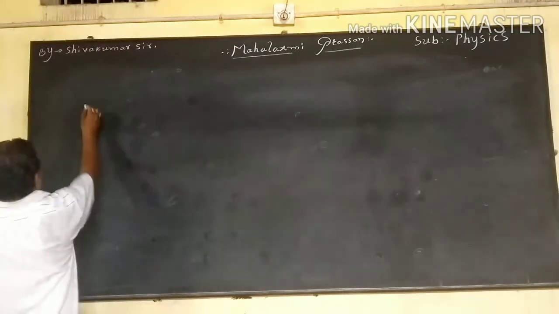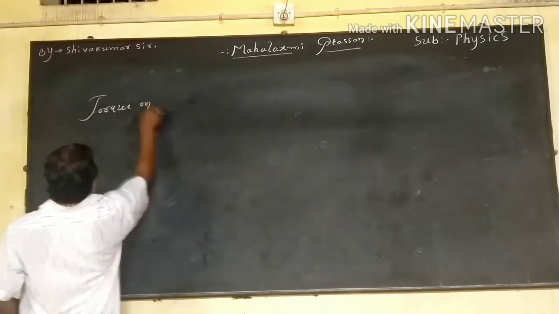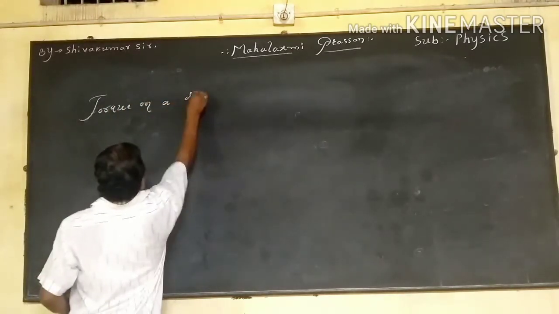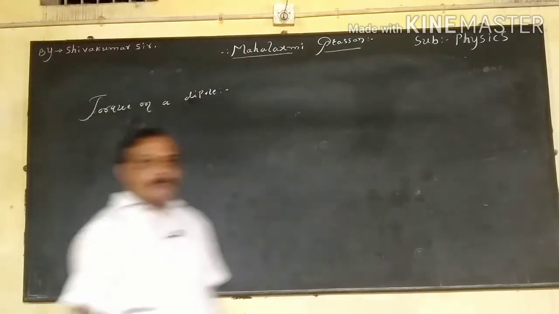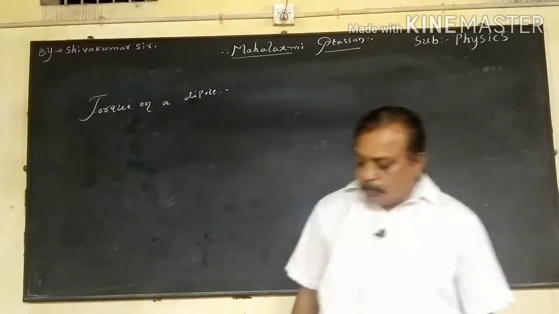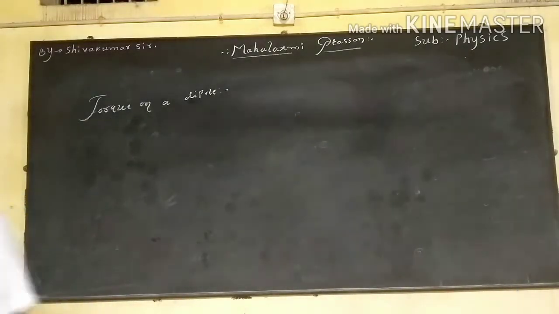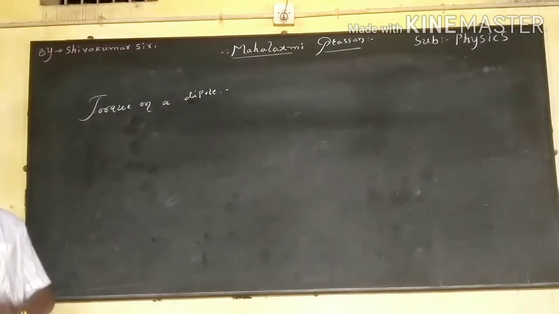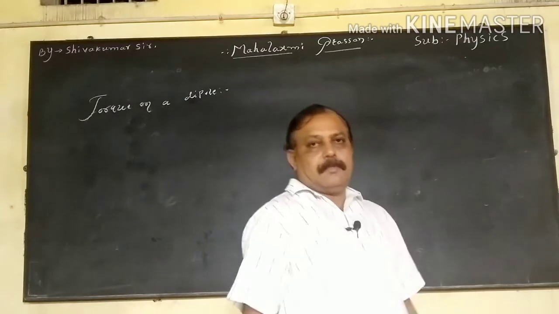Torque on a dipole. What is my heading? Torque on a dipole placed in the region of a uniform electric field. What is the torque experienced by it? To have the torque on a dipole, I need the uniform electric field. How the uniform electric field is represented, we have studied in the earlier class.